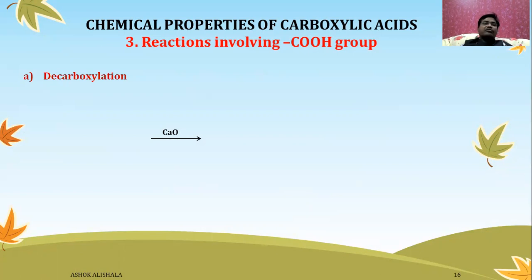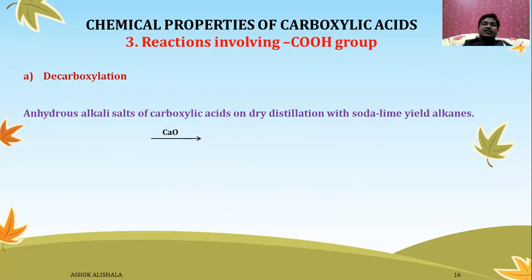Simply, removal of carbon dioxide. Now let us see the first one. Anhydrous alkali salts of carboxylic acids on dry distillation with soda lime. What is soda lime? It is a mixture of sodium hydroxide and calcium oxide, and they yield alkane. That means decarboxylation of anhydrous salts of carboxylic acids will give the alkane.